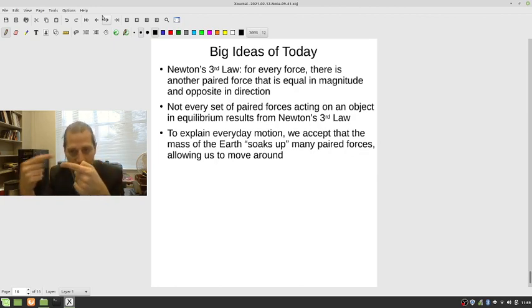It's two objects that are both pushing or pulling on each other. And as we saw with the horse and cart example, the mass of the Earth is important. If you leave it out of a lot of problems, you don't really understand how Newton's third law is playing out in the interactions that happen all around us.